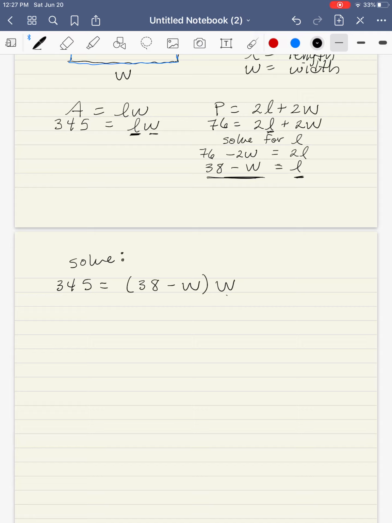The first thing I'm going to do is distribute the W, and then I'll see that I have a quadratic equation in terms of W. We've just spent the last 6 or 7 videos on solving quadratic equations. So go ahead and distribute the W, and then solve for W using quadratic methods. Pause the video and solve for W.